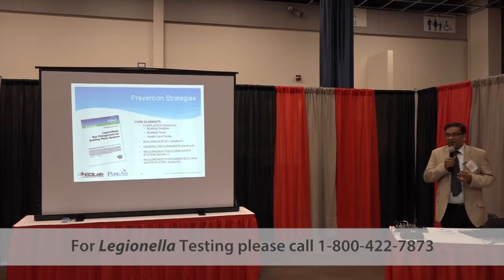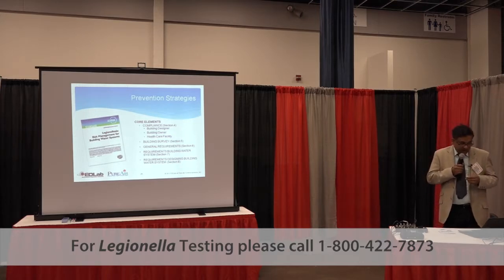So the core elements, I'm just giving you a real quick dirty view of this. The core element of this whole standard talks about compliance, which is described in section 4, and it exclusively talks to the building designer, building owner, and the healthcare facility. So these are the three different segments. Especially they have focused on and emphasized the healthcare facility, how you should be maintaining it.